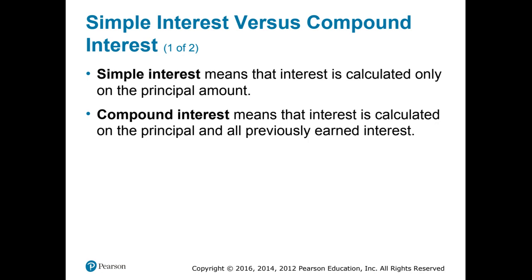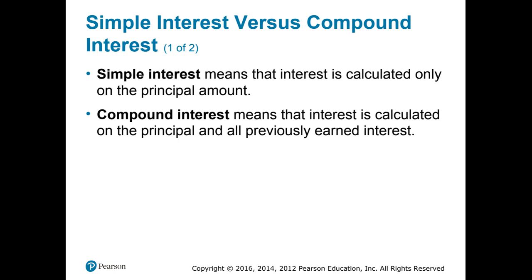There are different types of interest. We have simple interest and we have compound interest. Simple interest is calculated only on the principal amount. It's the simplest way to calculate it. Compound interest is where interest is calculated on the principal and all previously earned interest.